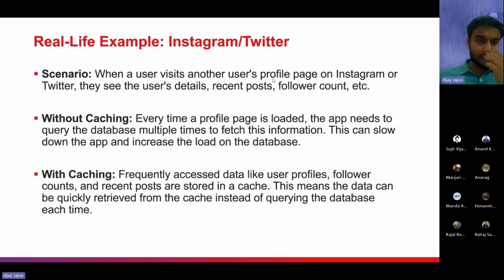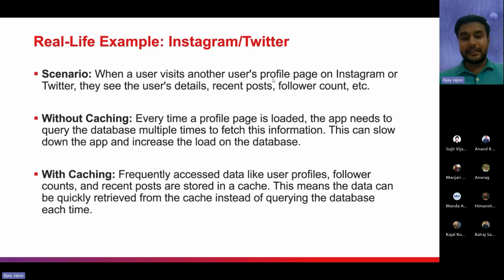Let's take a real life example, maybe Instagram or Twitter, which is now called X. The scenario is something like this: when a user visits another user's profile page on Instagram or Twitter, they can see the user details, the recent posts of that user, and the follower count of that particular user, right?